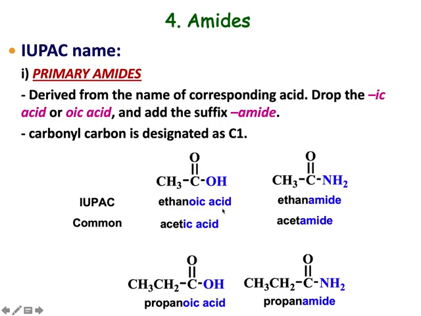But for amide, the acyl group is bonded with NH2, which is an amine, so the name becomes ethanamide. This one is for the common name. Carboxylic acid, IUPAC name ethanoic acid, common name acetic acid. For ethanamide, the common name becomes acetamide.